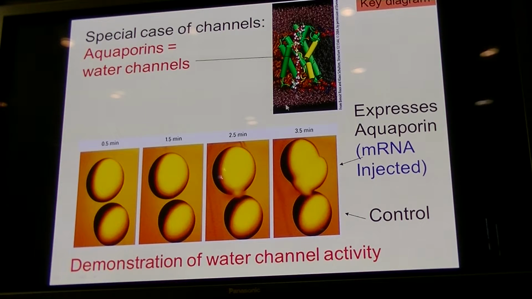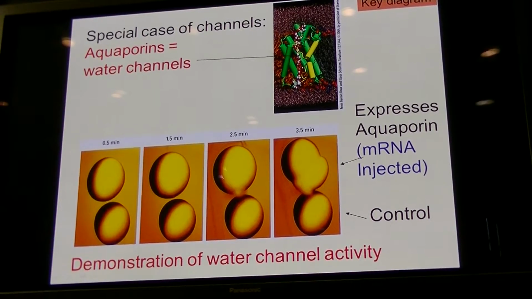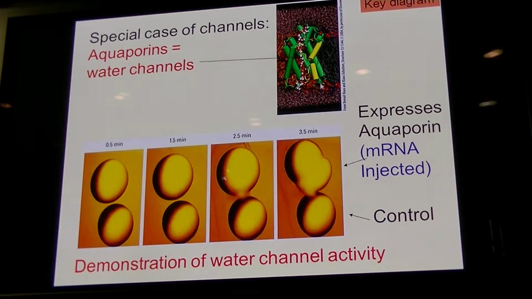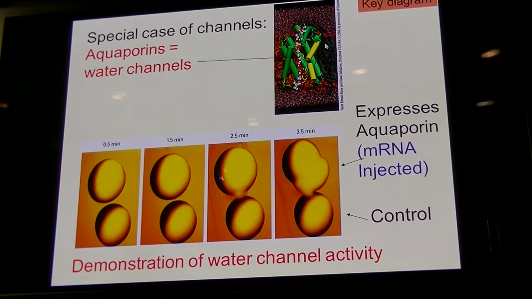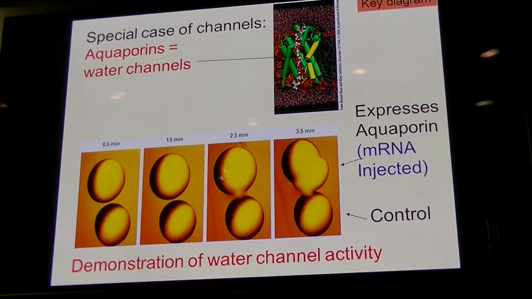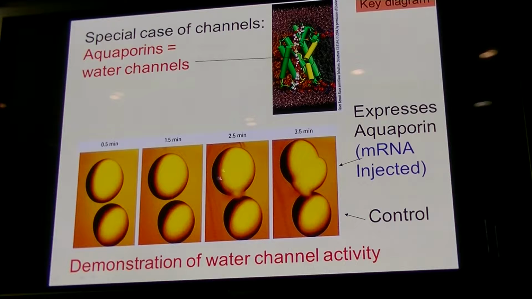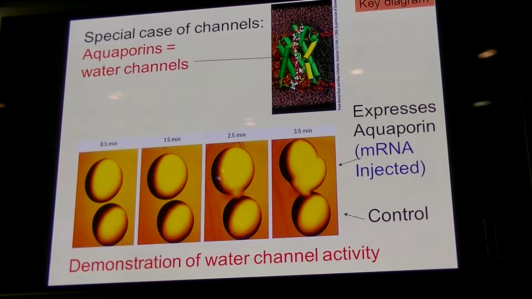So here I have a picture of an aquaporin, and, well, let's make it somewhat dark. So this structure is really based on a model of how we think the protein sits in the membrane. It's maybe not directly an X-ray structure that it's based on. And you can see here in red and white, those are the water molecules.